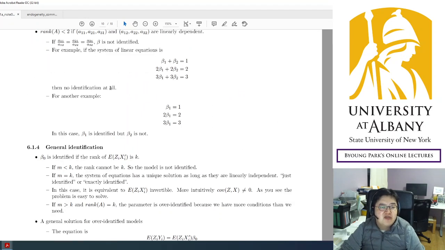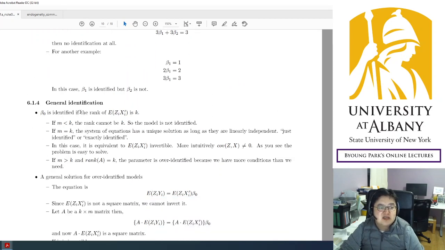So what you can see here is that the necessary and sufficient condition is that the identification relies on the rank of the A matrix. The A matrix is the expectation of Zx prime.